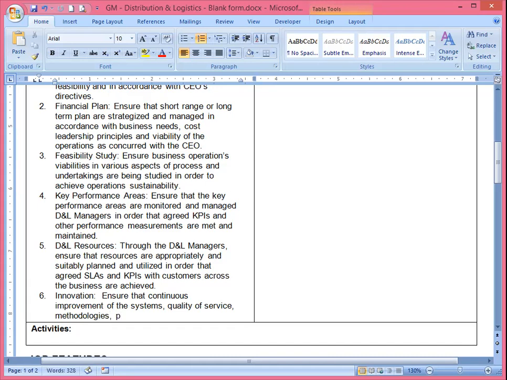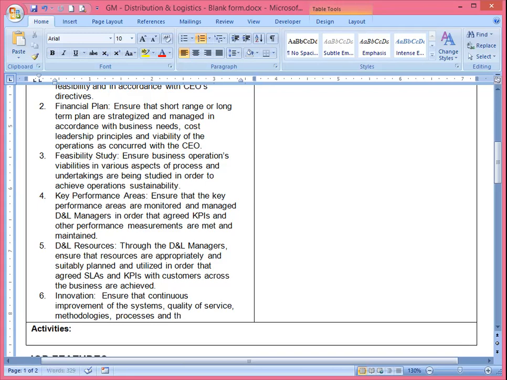Processes, very important, especially for a manufacturing organization. They will not be able to improve everything or hit their target forecast if the process is not working well.